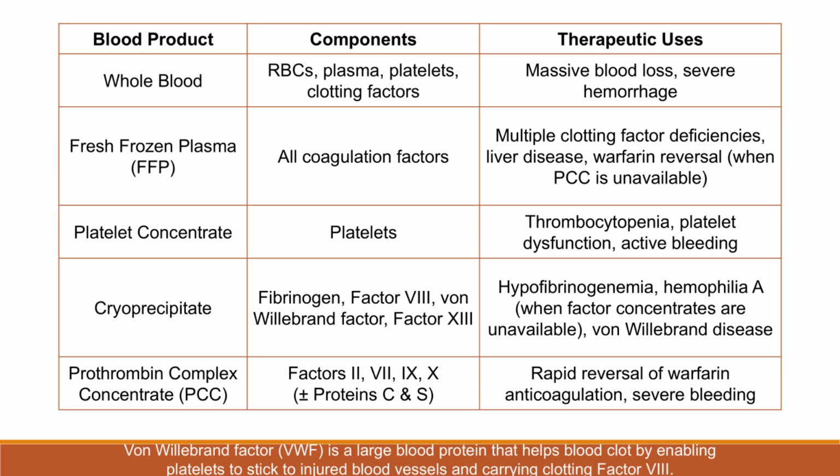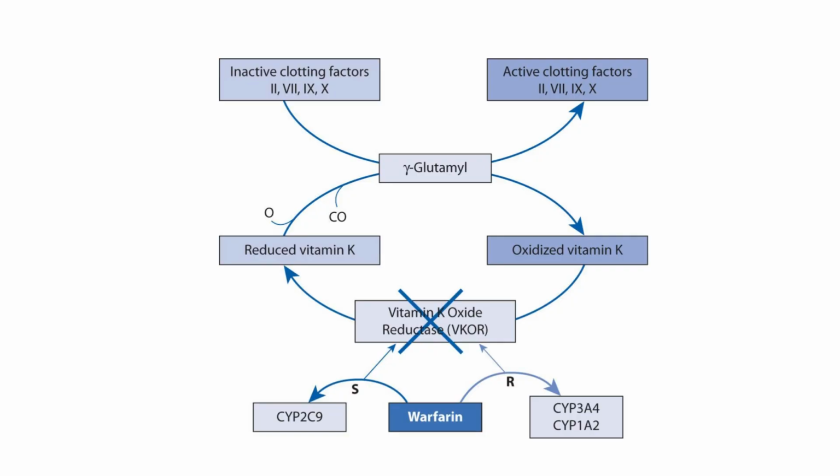Okay, so let's wind up here. Before we end, let's revise the complete mechanism one more time. The liver produces inactive clotting factors, that is 2, 7, 9, and 10. These clotting factors need gamma carboxylation by the enzyme gamma glutamyl carboxylase to become active.